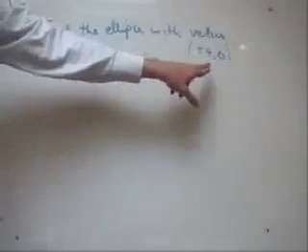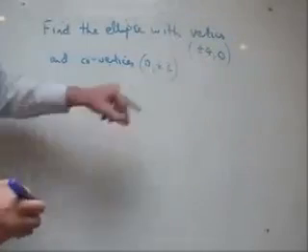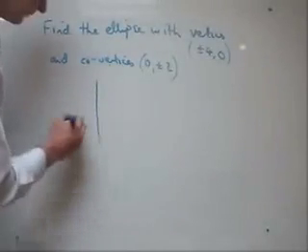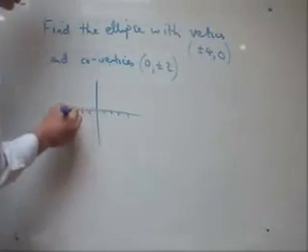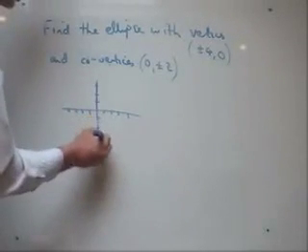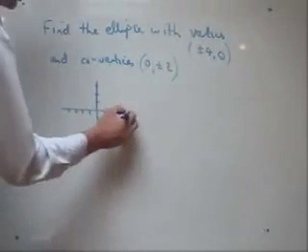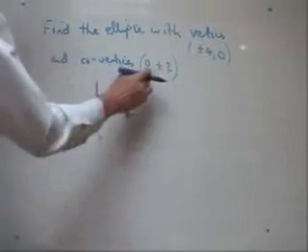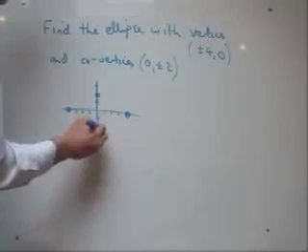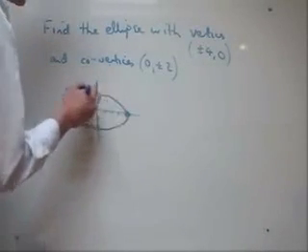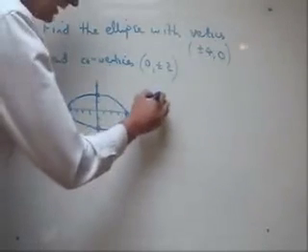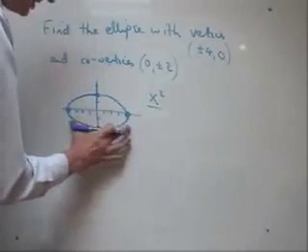Find the ellipse with vertices (plus or minus 4, 0), co-vertices (0, plus or minus 2). Let's graph it out. Always graph it out. So vertices plus or minus 4, and co-vertices plus or minus 2. So the ellipse looks like this. And remember, for the ellipse, it's going to be x squared over the x-intercept squared.